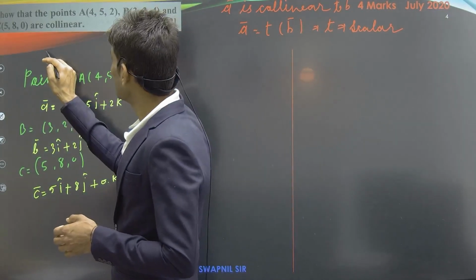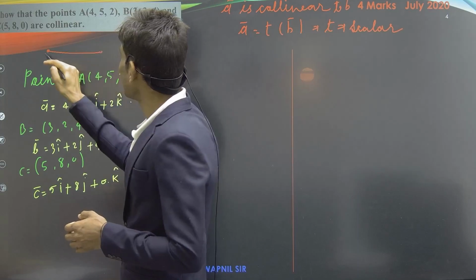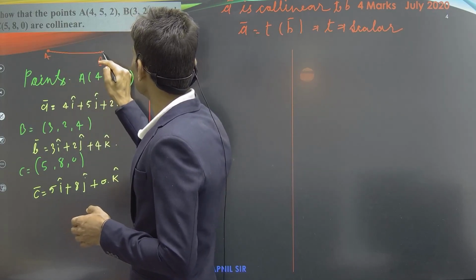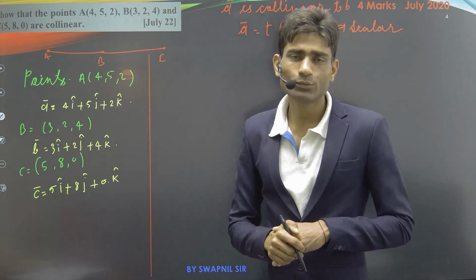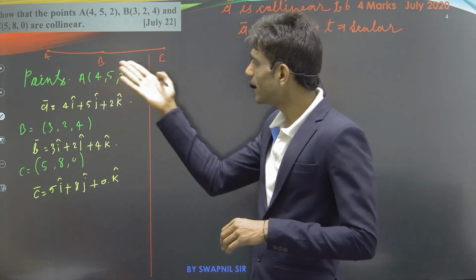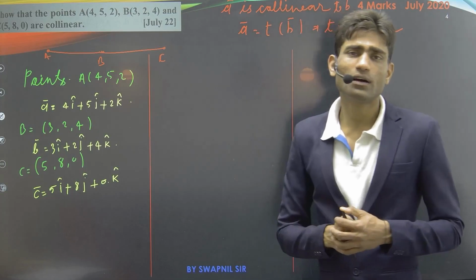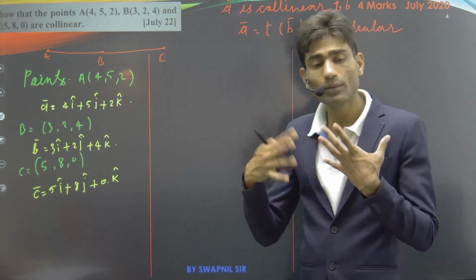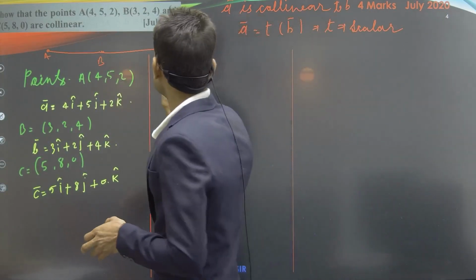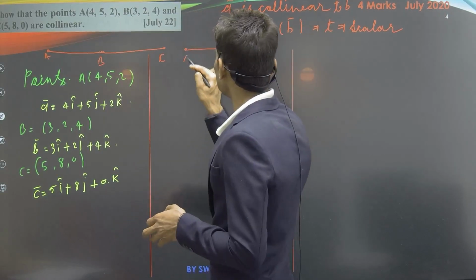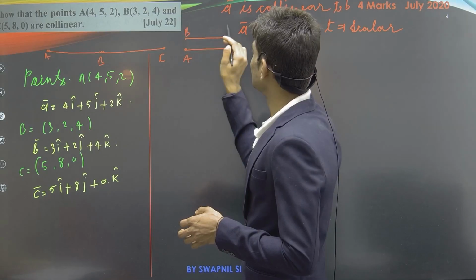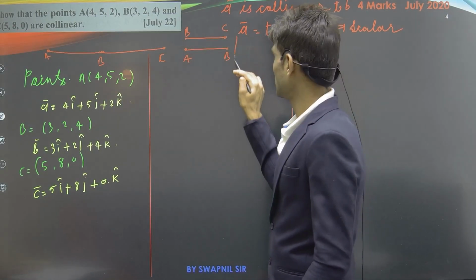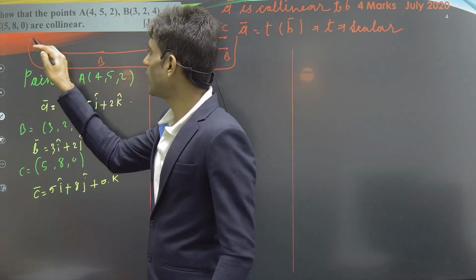Line AB is along the line BC, so this is the condition for collinearity. So we write vector AB is along vector BC, or, as one more condition, vector AB is parallel to vector BC.